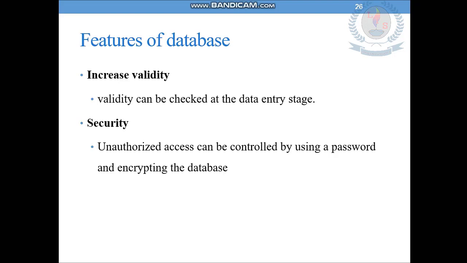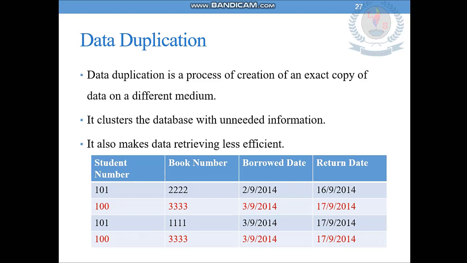Now let's see what data duplication is. As I discussed with you previously, you may have met the word data duplication. Data duplication is the process of creating an exact copy of data in a different medium. This provides benefits such as the ability to back up copies of files and create multiple versions of a file.